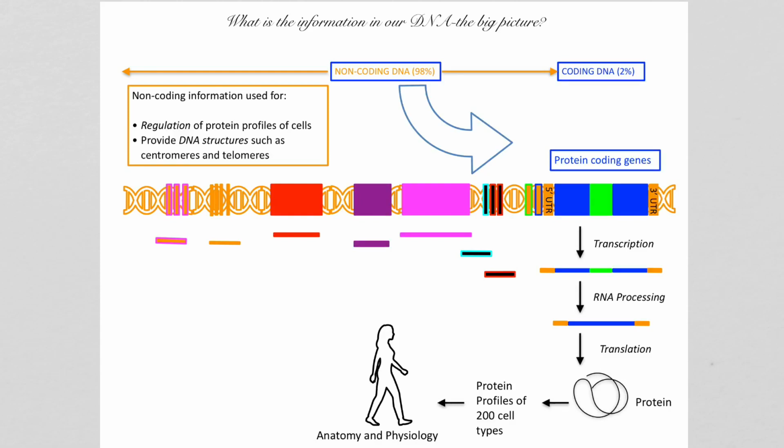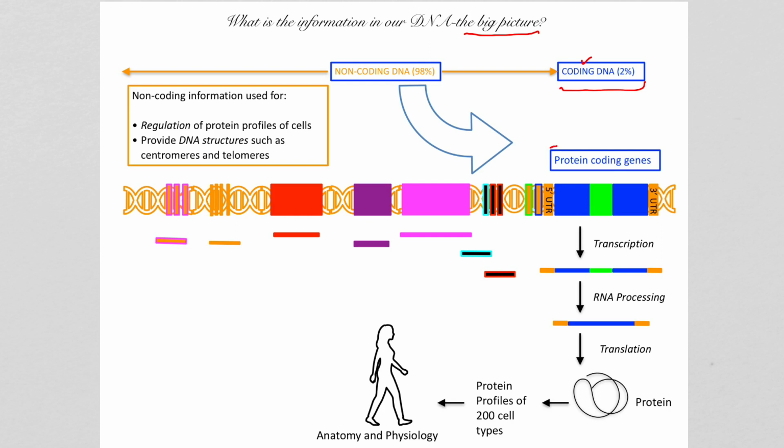So what is this information in our DNA? Again, the big picture is very important. There are a lot of definitions and terms that are used for this information. It can be very, very confusing. But again, for healthcare professionals, it's very important to look at the big picture. So when you look at the big picture, let's focus here. 2% of all your DNA is what we call coding DNA.